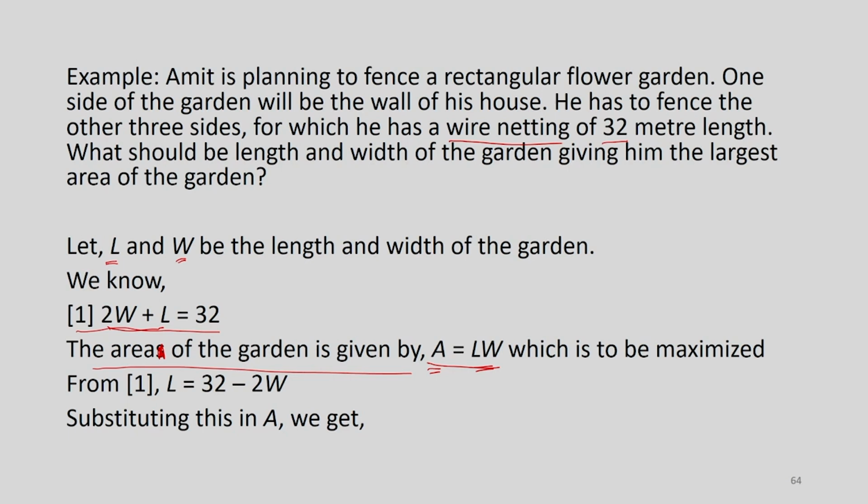At this point we do not know how to maximize a function which has two independent variables, so we have to do something about this form of the function.